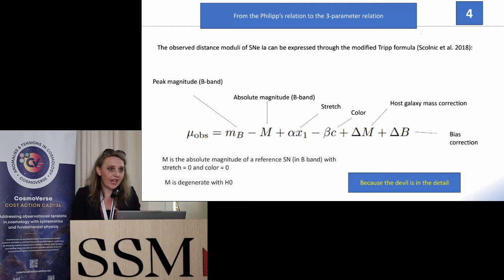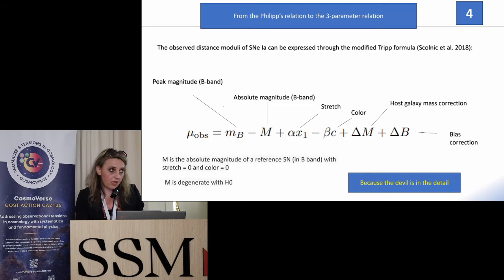I also added this slide because we had lots of discussion in the discussion panel about the Tripp formula and about the devil that is hidden in the detail. So I would like to show you this one that probably all of you know, about the relation between the observed distance modulus and the absolute magnitude, the peak magnitude in B band, the stretch, the color, and the host galaxy mass correction that Luis also showed today.